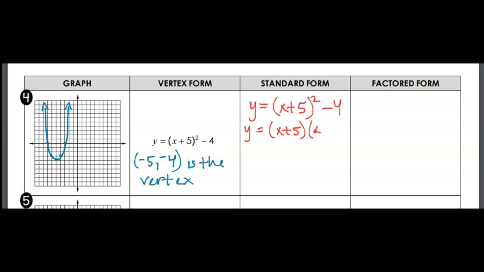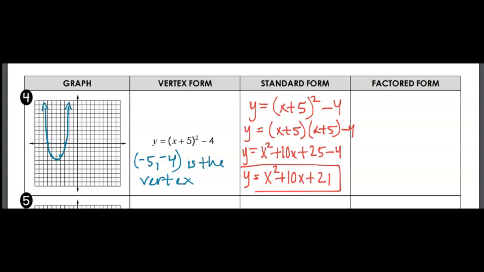Again, we're going to have x plus 5 squared, which is really just x plus 5 times x plus 5. When we multiply that out, notice that we've got like terms in the constants, and so we end up with a constant term of 21, which is then our y-intercept. So it's going to cross at 0, 21.